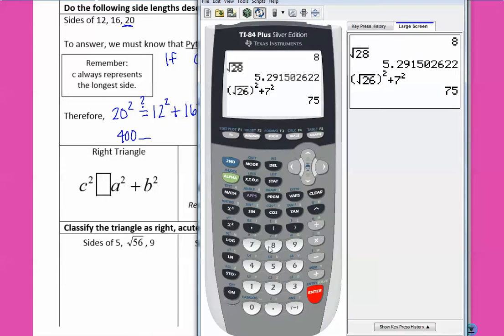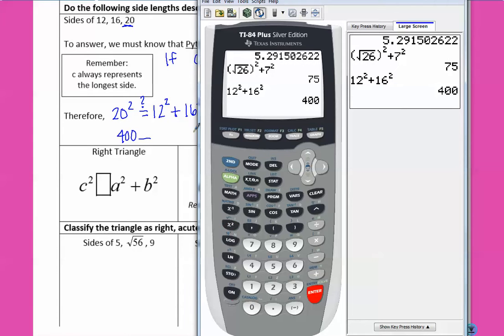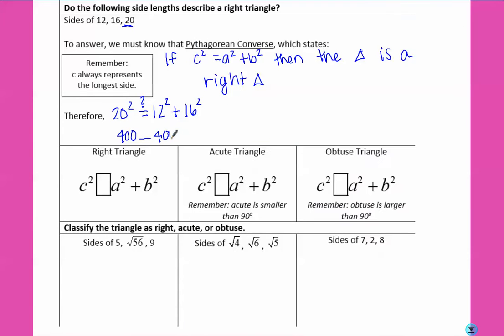And then let's find 12 squared plus 16 squared. It also came out to 400. They were equal. So therefore, yes, 12, 16, and 20 form a right triangle.